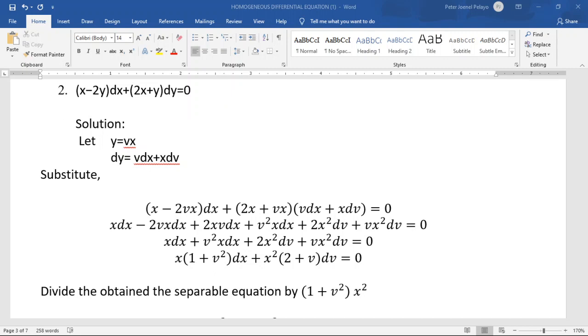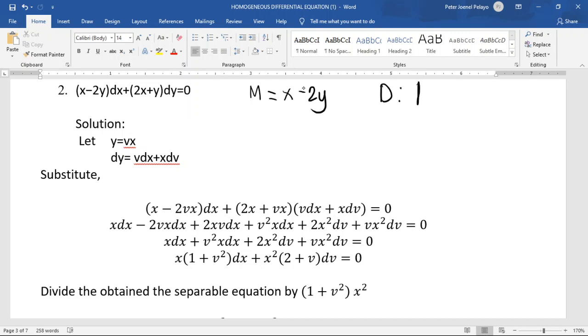So, our m will be equal to x minus 2y. Checking the degree, x is degree 1, right, and 2y is degree 1. So, the degree of m is 1 because both are 1.